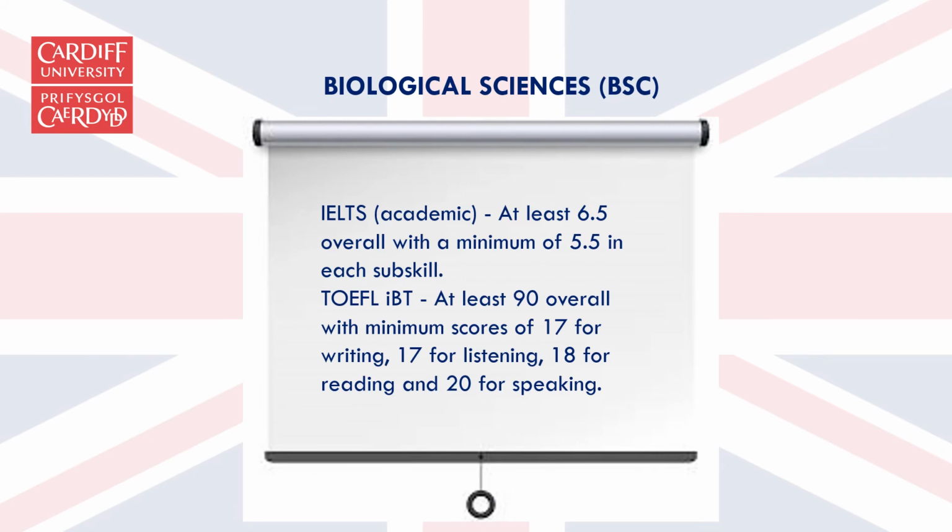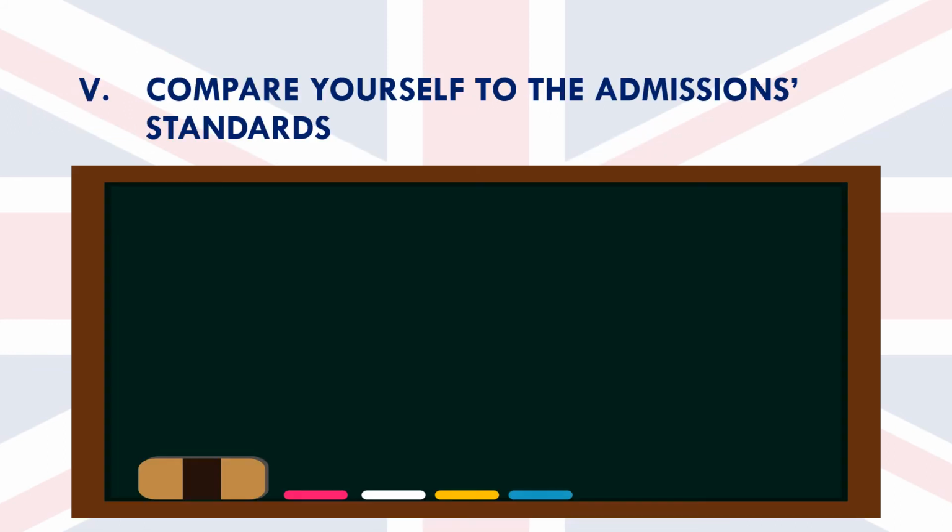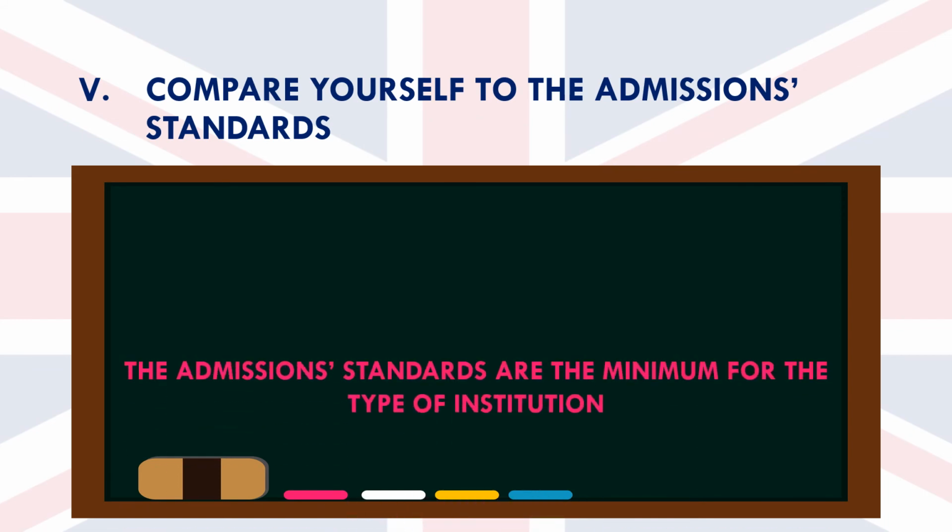For IELTS academic, they're looking for a minimum of 6.5 overall with a minimum of 5.5 in each subskill. TOEFL iBT at least 90 overall with minimum scores of 17 for writing, 17 for listening, 18 for reading, and 20 for speaking.